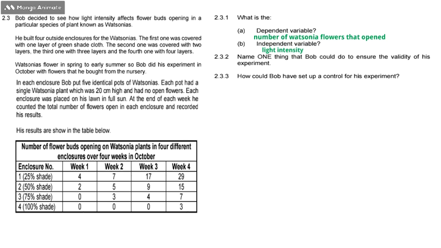We come to question 2.3.2. The question is, name one thing that Bob could do to ensure the validity of this experiment. One thing Bob can do is give the wasonia the same amount of water.